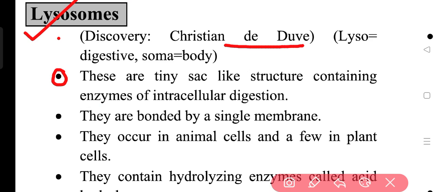Next point, the third point, they are bounded by a single membrane. Next point, they occur in animal cells and few in plant cells. Most of the time we find lysosomes in animal cells, and in some cases they are found in plant cells.